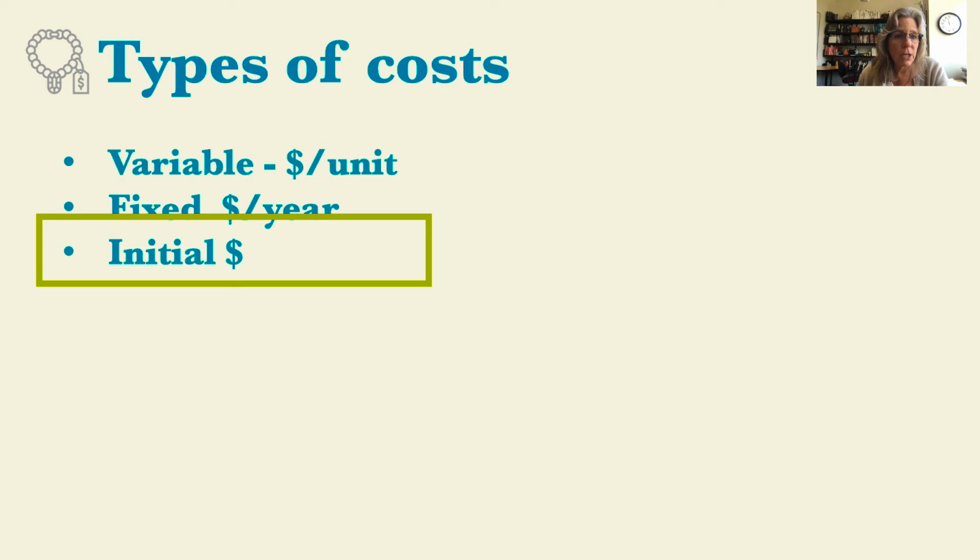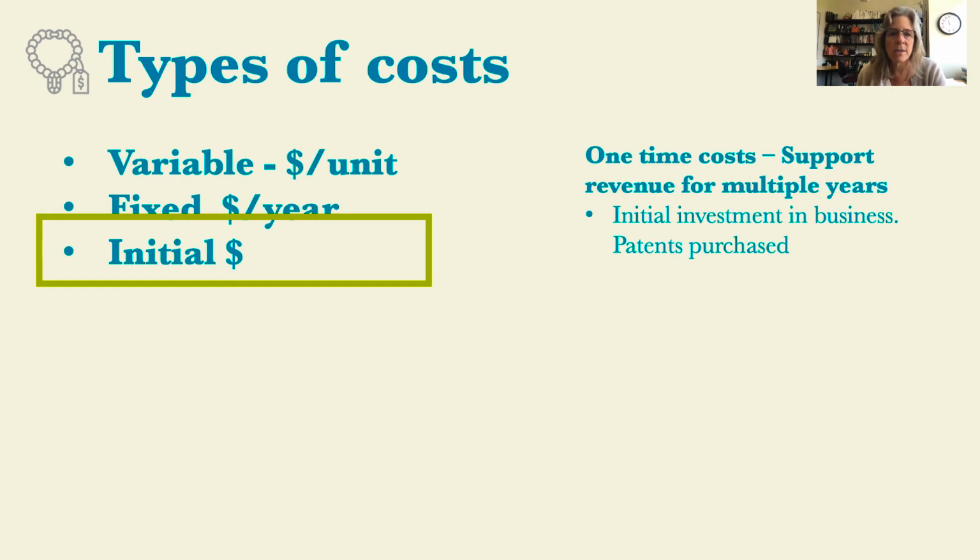The next thing we're going to look at is initial costs. This is actually a form of fixed costs, but it's a one-time cost. These are one-time costs in support of revenue over multiple years. This is often thought of as the initial investment in a business or a practice that you're working on. Something like a patent purchase could also be considered a one-time cost that supports revenue over time.